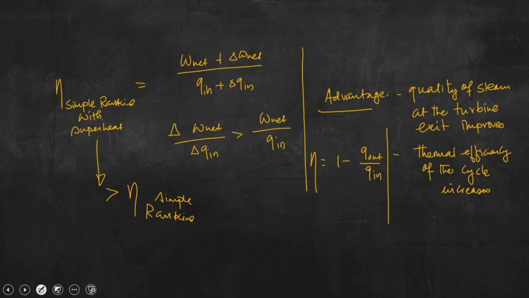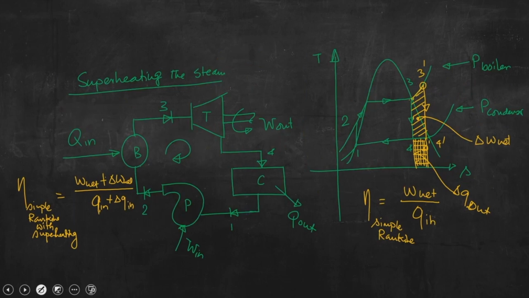Q out increases as compared to the simple Rankine cycle for this particular case, Q in also increases, but the increase in Q in is non-linear, while the increase in Q out is linear. That is easily observable from this TS diagram.